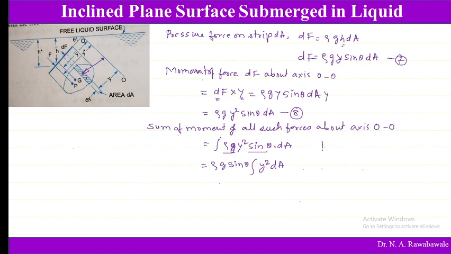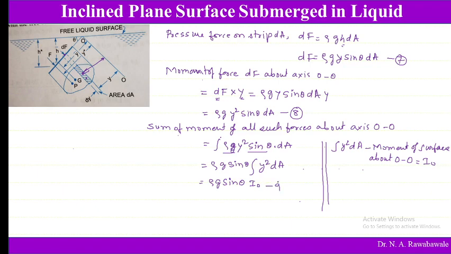So here we can write like this. Integration of y square dA is nothing but moment of area or moment of surface about OO, that is represented by IO. So therefore we can write this as rho g sine theta into IO.